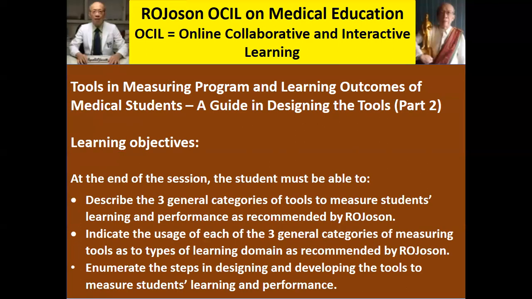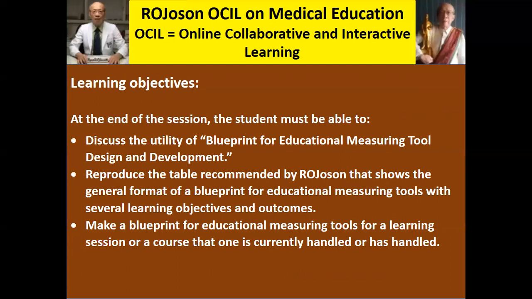Indicate the usage of each of the 3 general categories of measuring tools as to types of learning domain as recommended by R.O. Hawson. Enumerate the steps in designing and developing the tools to measure students' learning and performance. Discuss the utility of blueprint for educational measuring tool design and development.